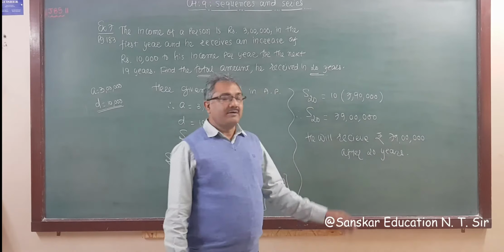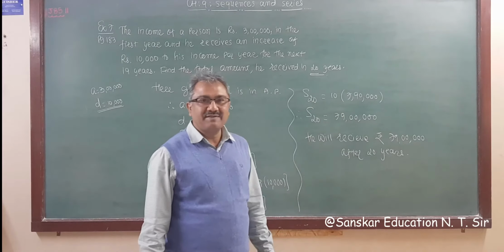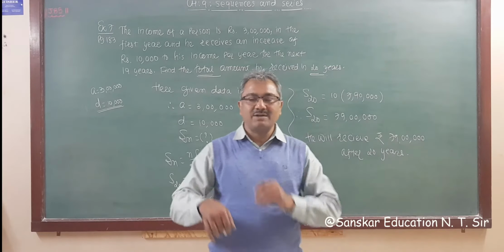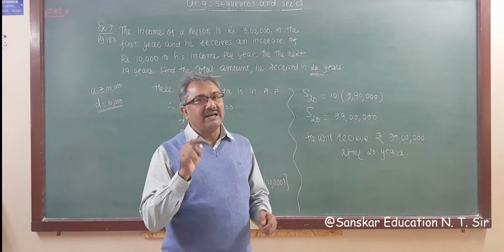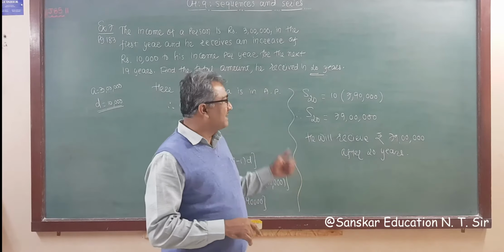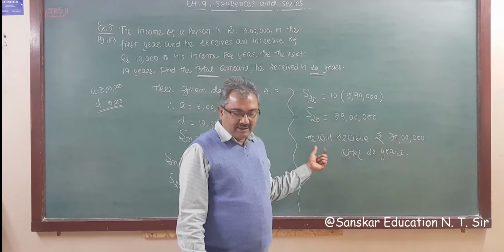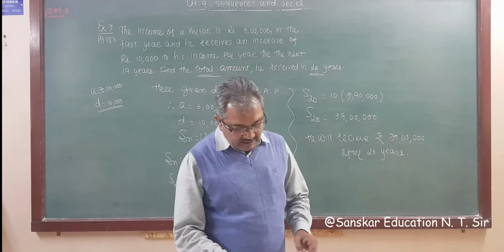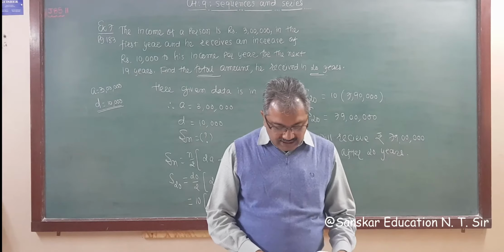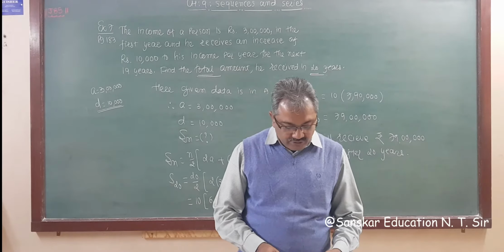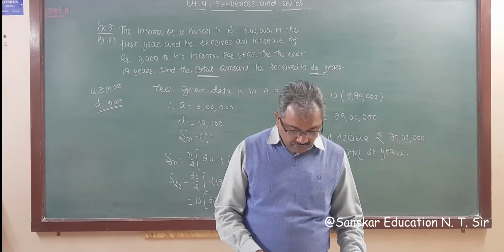Other similar questions are there in your textbook, but exercise number 9 is omitted. But I request you to solve those questions. I will tell you which questions you have to solve. So exercise number 9, the miscellaneous exercise, is totally omitted.